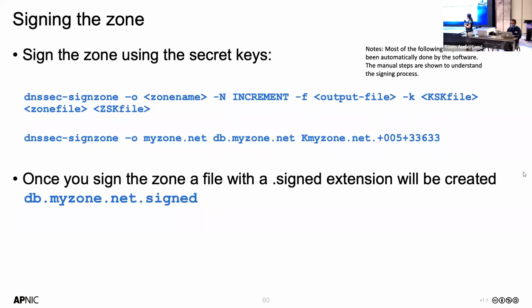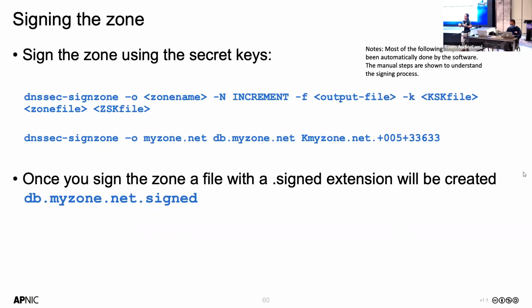The next one is -f, the output file. In some cases, we don't generally use that. If you don't, it will just use the previous file name and add a .signed at the end of the file. So if you want something different, then you specify an output file name in there. And then -k is the KSK file, followed by the zone file, followed by the ZSK. So that's the manual way of signing.